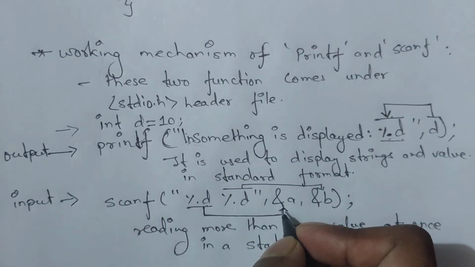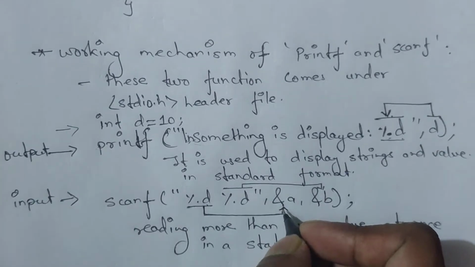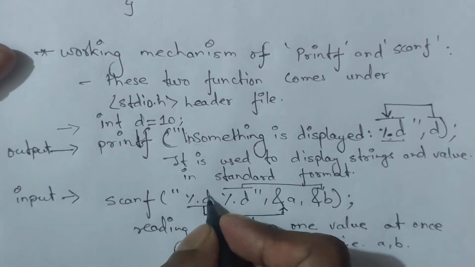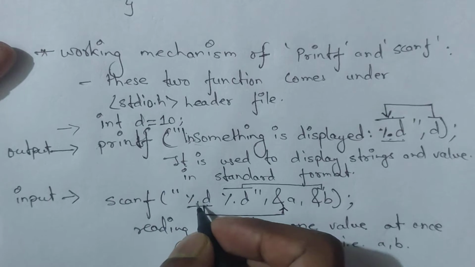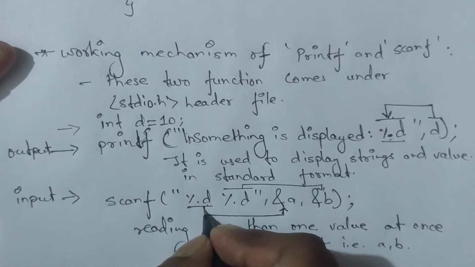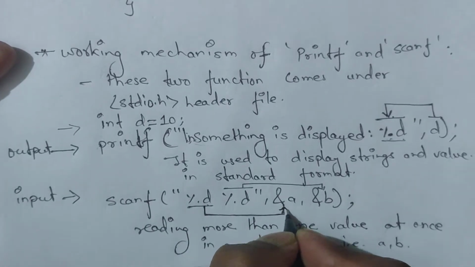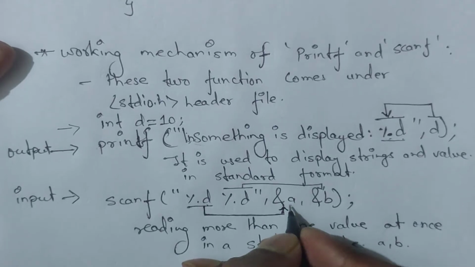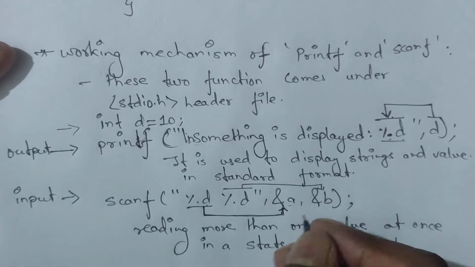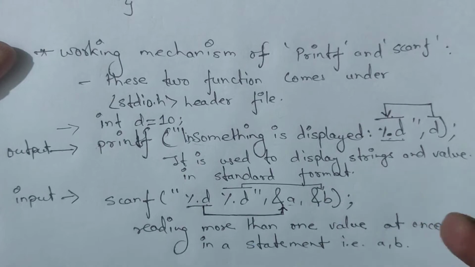It is used to denote address of. So the integer value we took from the keyboard goes directly to the address of the A variable. So A will store whatever value the user gives.